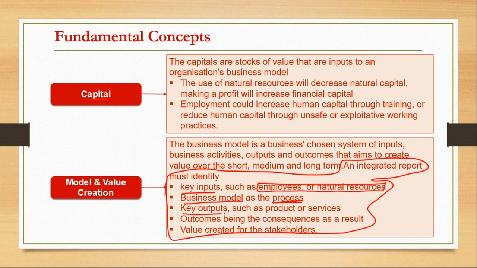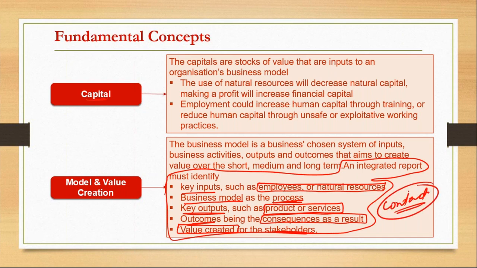It should tell us the key outputs, what products and what services our company provides. What are the outcomes, which means the consequences as a result of the entire process, and how it creates value for all of its stakeholders. So this is the content of the integrated reporting that should be disclosed.